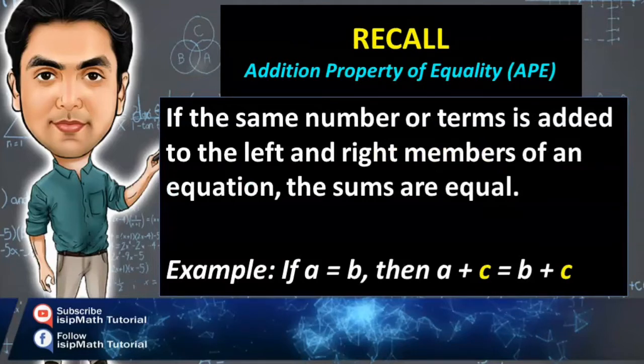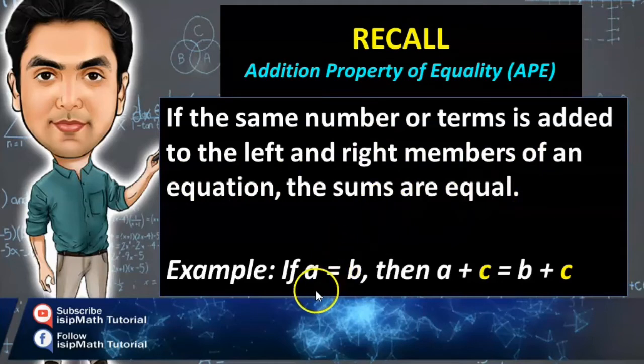In rewriting linear equation from standard form to slope-intercept form or vice versa, i-recall po natin yung tinatawag nating property of equality. Meron po tayong addition property of equality. If the same number of terms is added to the left and right members of an equation, the sums are equal.